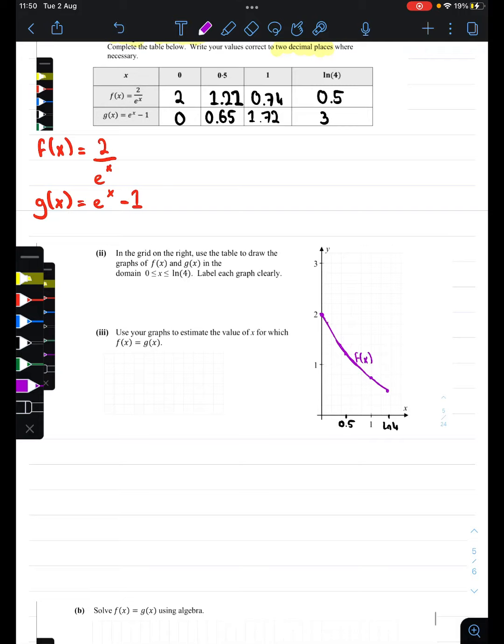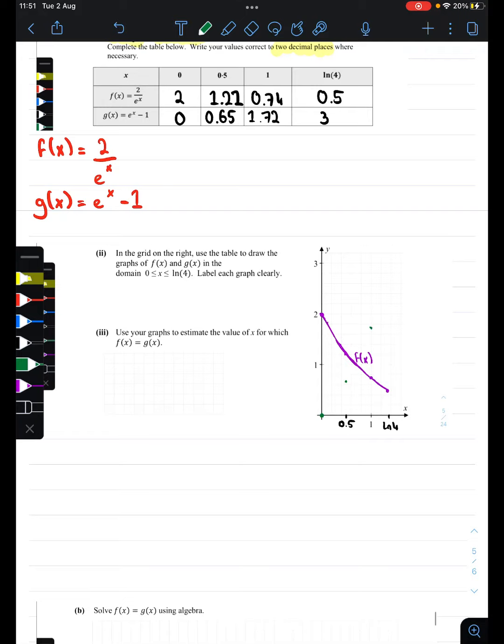Okay, and now let's do the same for g of x. Well, when x is 0, g of x is 0, so we draw a dot here. When x is 0.5, g of x is 0.65, so somewhere like here. When x is 1, g of x is 1.72, so somewhere here.